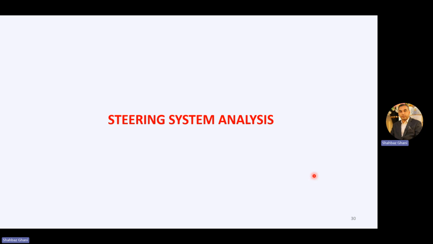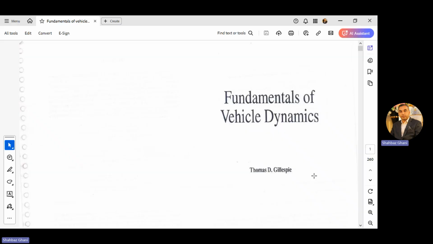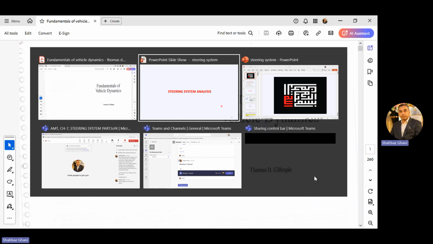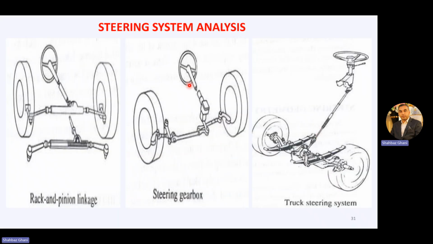So the first 3 or 4 slides are from your book Fundamentals of Vehicle Dynamics by Thomas D. Gillespie. I will be covering from those. Now, steering system analysis.